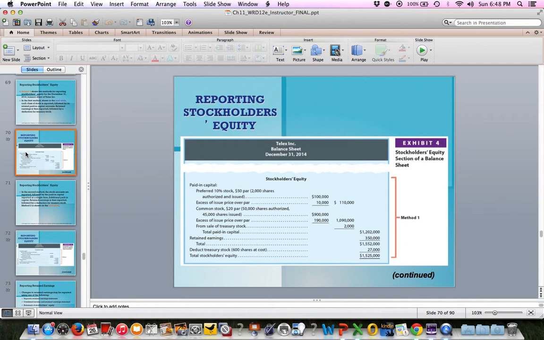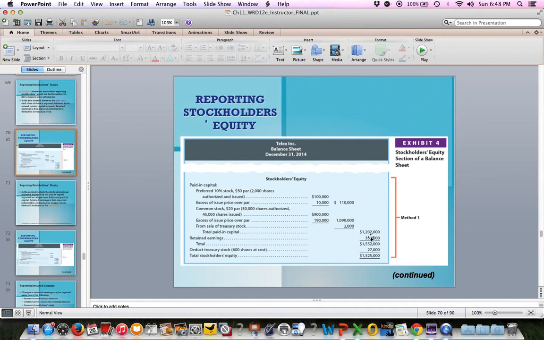Notice in the equity section we've got paid-in capital. Preferreds are always first. Then we show the par value, then the excess, the paid-in capital associated with that. Then we show common stock plus the excess paid-in capital. And then also equity earned due to the sale of treasury stock.